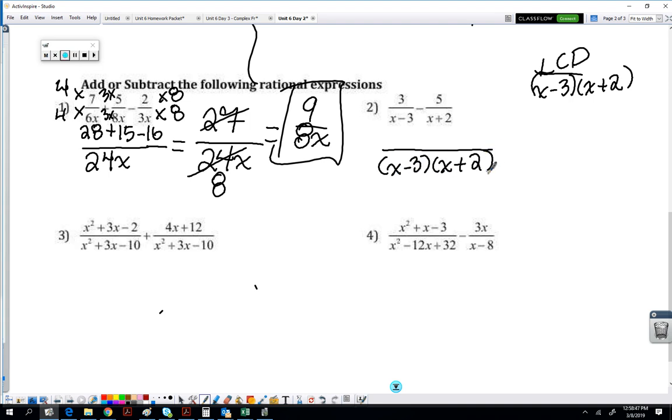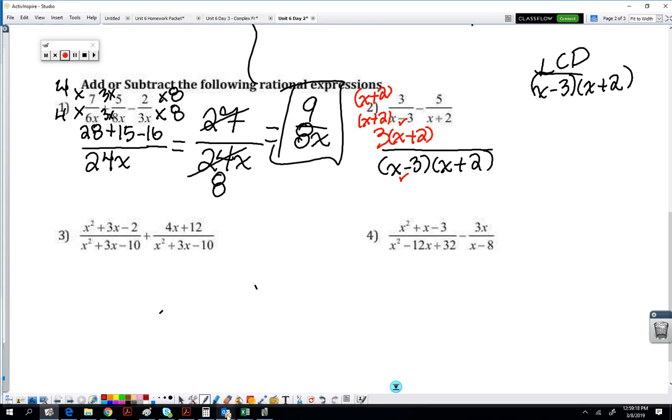If you have trouble figuring out what your LCD is, or what is missing, you can compare and contrast your original fraction with your LCD. Now they both have x minus 3 in common. What I don't have in my original fraction is x plus 2, and that's the thing you need to multiply to the top and to the bottom. So I get 3 times x plus 2.